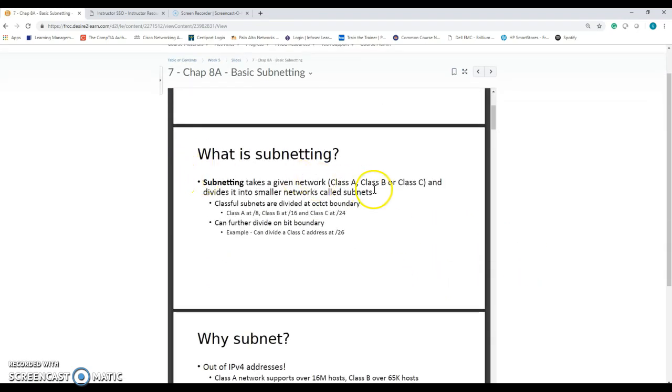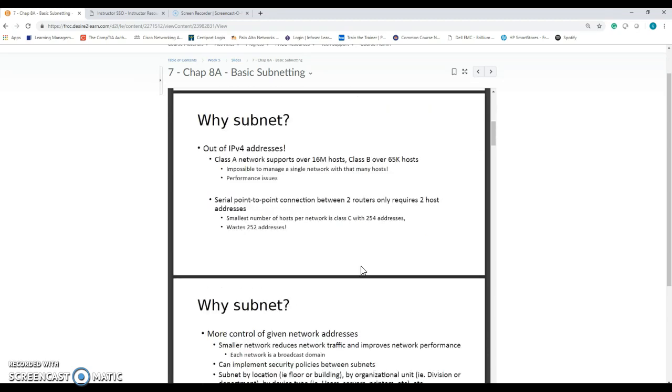We see subnetting divides A, B, or C into smaller networks. The opposite of subnetting is supernetting, where you're creating a larger subnet for specific reasons. Here we have a breakdown of why subnet. 6 million hosts at a class A, 65,000 hosts at a class B, and of course at a class C we have 254 addresses.